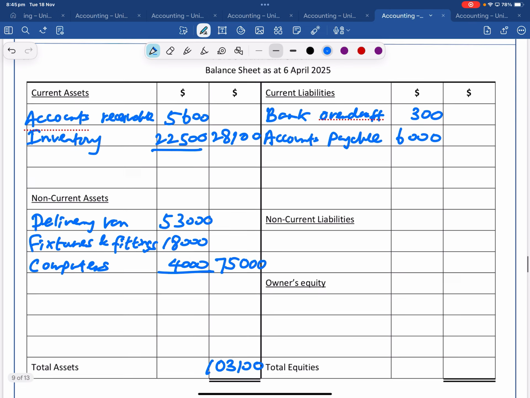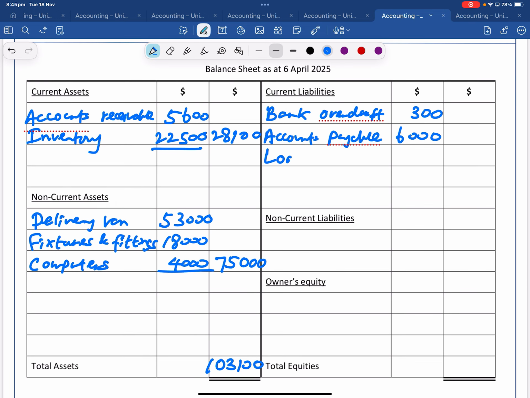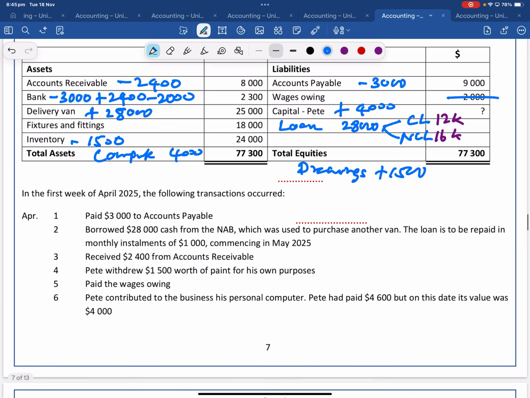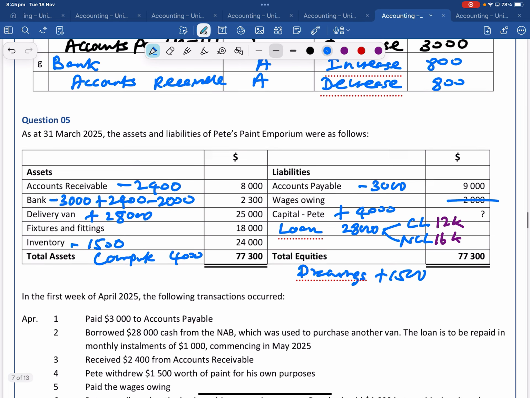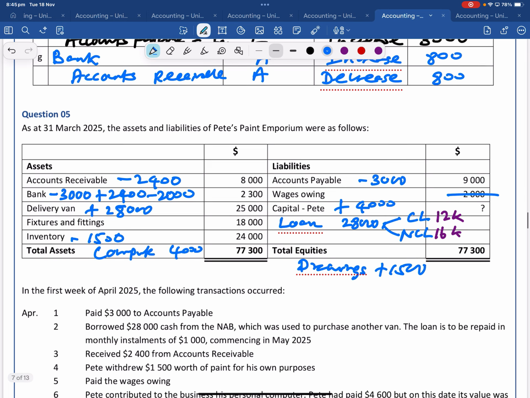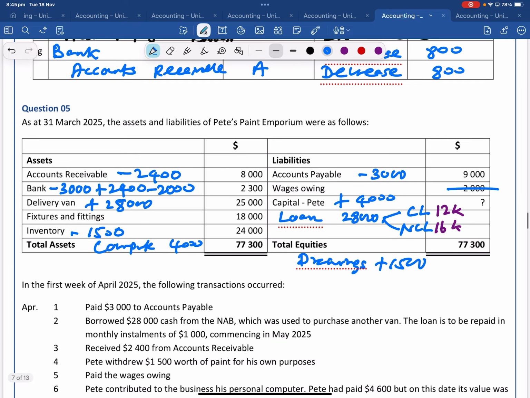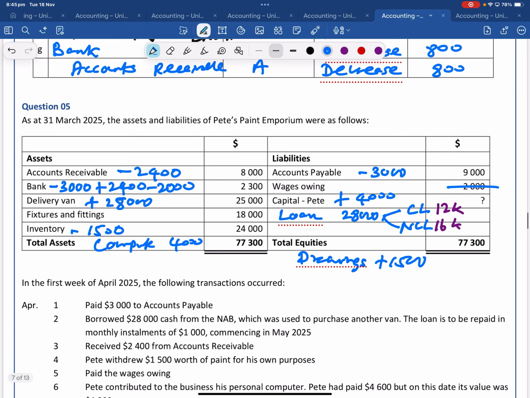Yes. Wait, it is. $12,000. I think that's it for current liabilities.